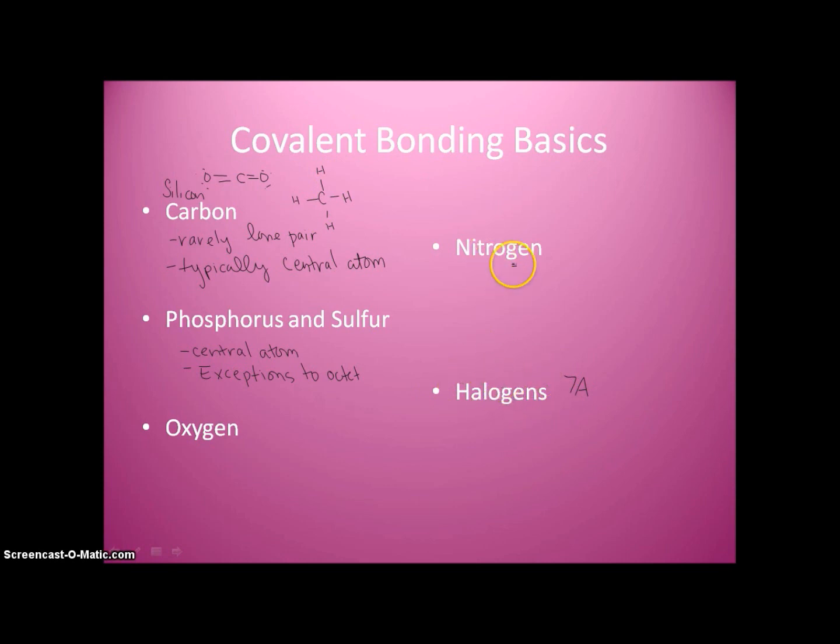All right, nitrogen can sometimes act like his fellow members of the group like phosphorus, but typically he is one that likes 1 lone pair on the top. And we talked about this on the last slide as well.